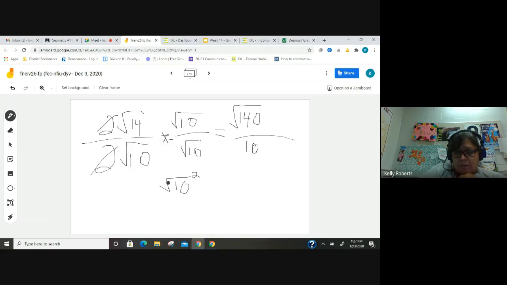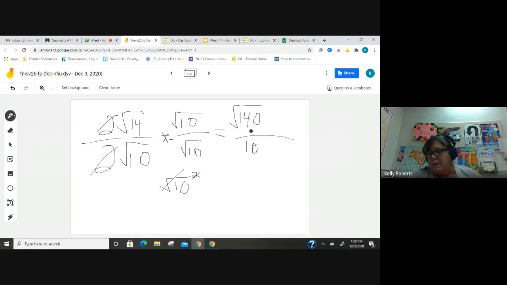And when you have a square root and a squared, they cancel each other out and leave just the number. So I have square root of 140 over 10. Now you would think, okay, that's enough. That's got to be all. But unfortunately, it's not, because if you have a perfect square inside your radical, then you still are not done simplifying. And I know at least 4 will go into this, and 4 is a perfect square. The square root of 4 is 2, so it's a perfect square.